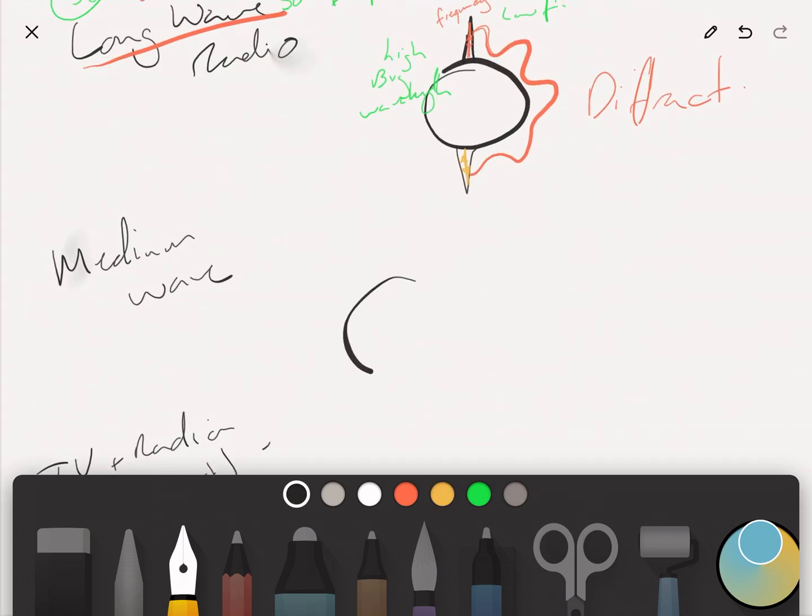Medium waves are a bit different. All around the Earth is a layer of the atmosphere called the ionosphere.